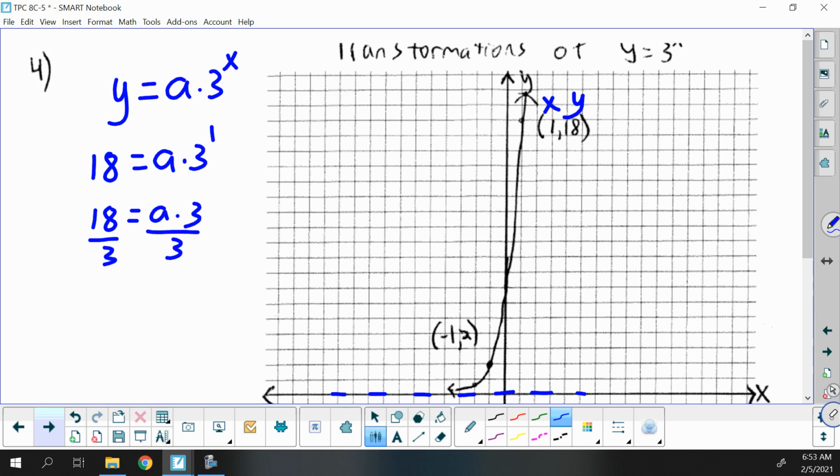We'll divide the 3 over, and we'll get 6 for a. So our equation will be y equals 6 times 3 to the x. If we had to tell our transformations, we could either say multiply y's by 6 or vertical stretch by a factor of 6.